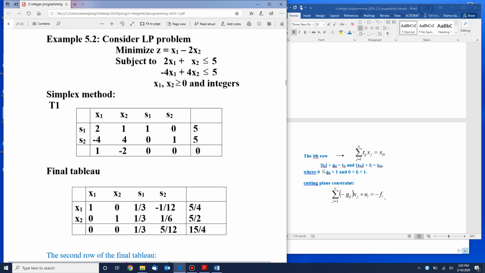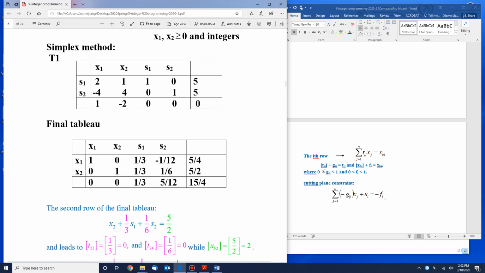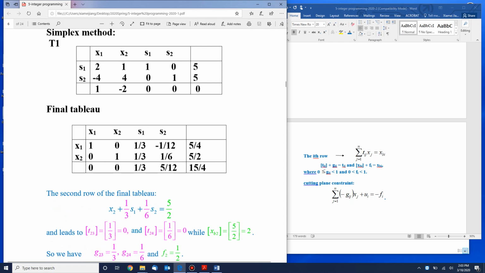So of course, according to the remarks, we choose the second constraint to cut off, right? And the second constraint, the second row, is x2 plus 1/3 s1 plus 1/6 s2 equals 5/2.